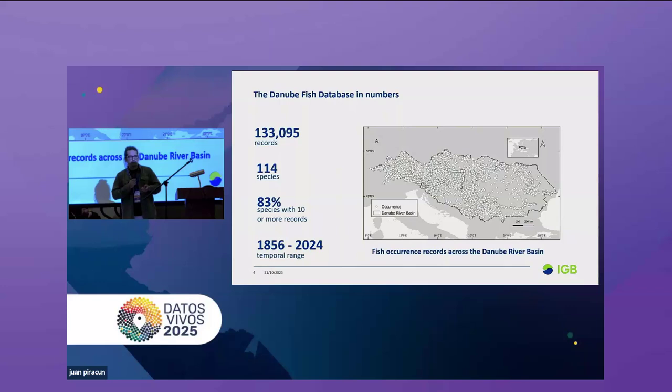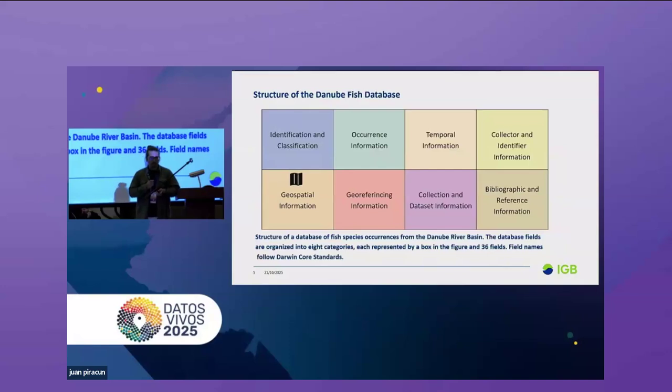In the map you can see the spatial distribution of those records. The database is organized in 36 fields, which follow the Darwin Core standards, and those 36 fields are organized in different categories, which are summarized in the box that you see in the slide.